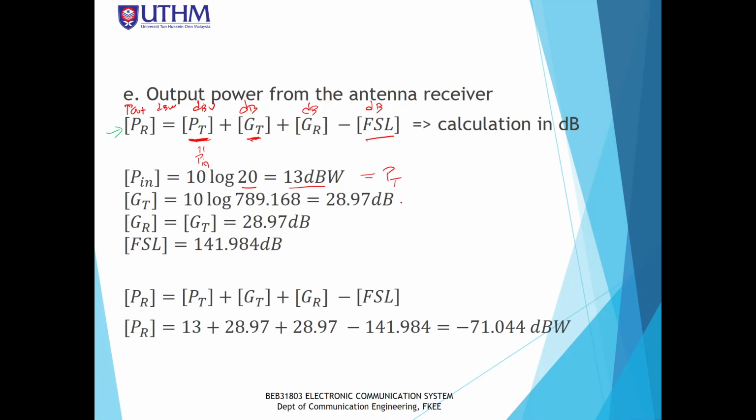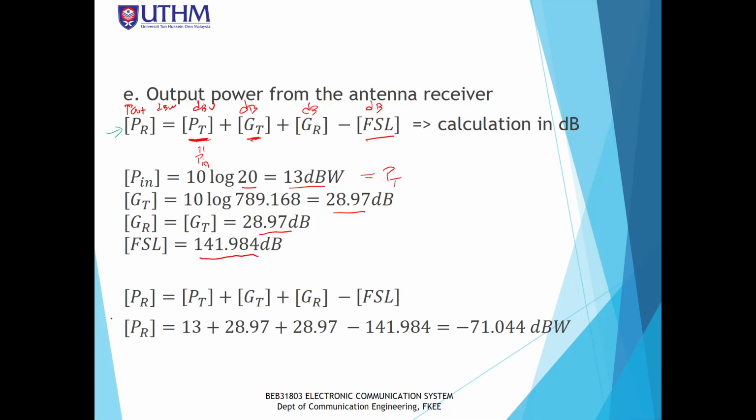Again, the receiver antenna gain, we have calculated this one, 789.168, which is the same as GR. Okay, GR and GT are the same, which is 28.97 dB. And we have calculated the FSL previously, which is 141.984 dB. So now we can put it inside the equation.